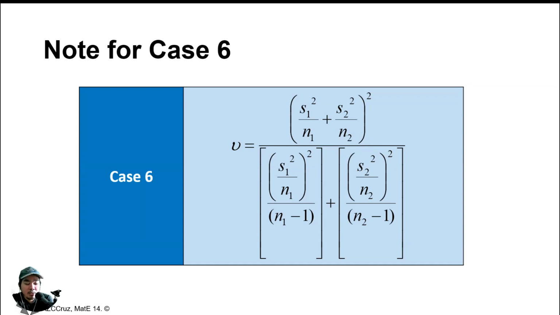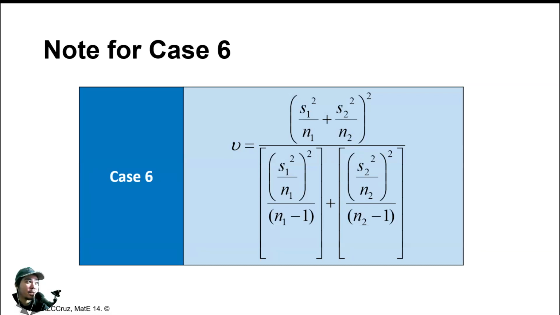Tapos kukunin natin yung difference nila, di ba? Kung gusto natin i-prove yung claim na within 1,000 siya, then we need to get the confidence interval. Kasi kunwari, yung average ng nakuha nating value for light bulb A is, let's just say, 3,000.